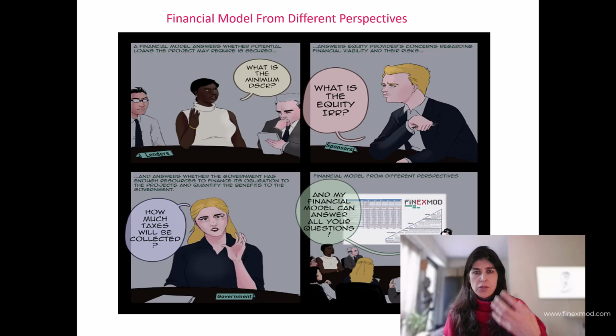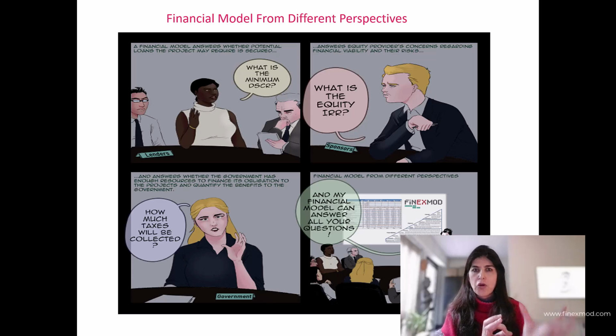And also sponsors, co-sponsors. So that's the flexibility that you want to make sure that the model has. So from day one, when a developer, a sponsor builds the model, they need to understand that at some point in time, they need to send that model to these different stakeholders. And these stakeholders also need to be able to use that same model. I insist on the same model to assess the viability of the project.